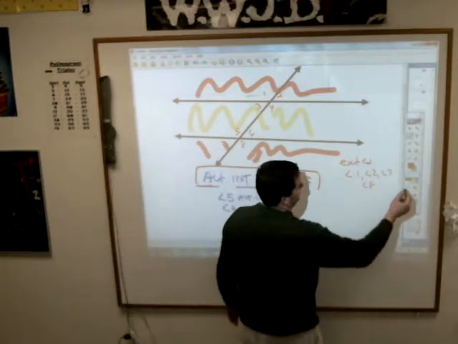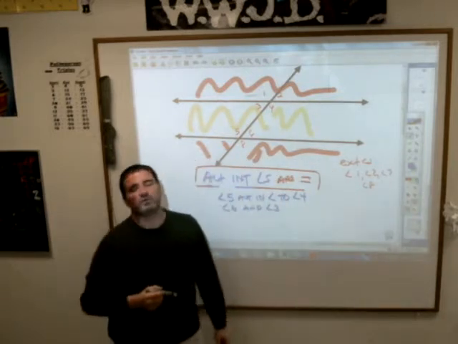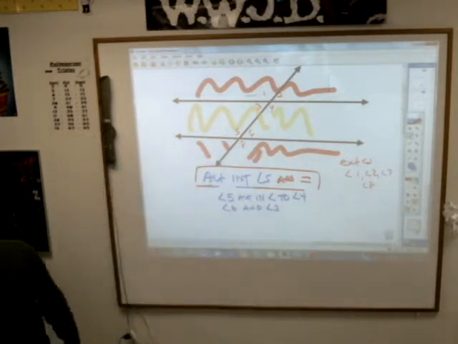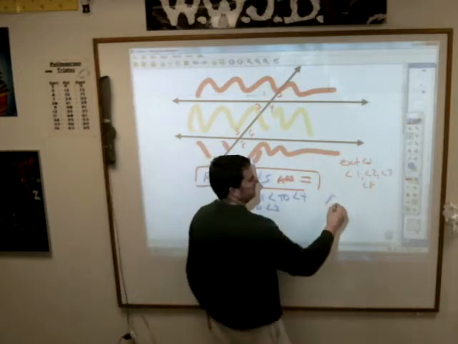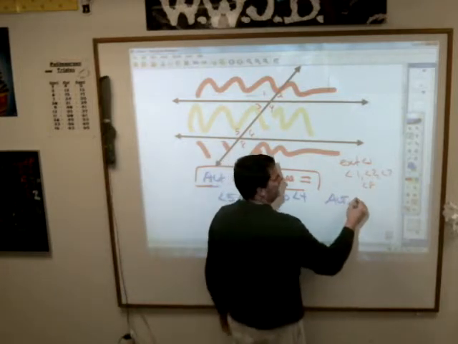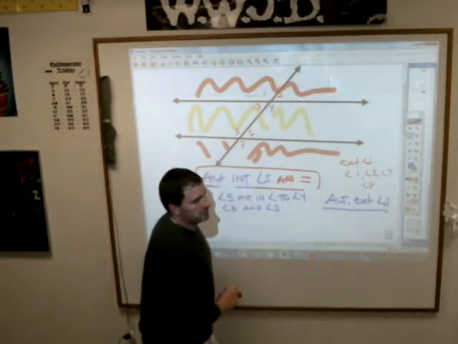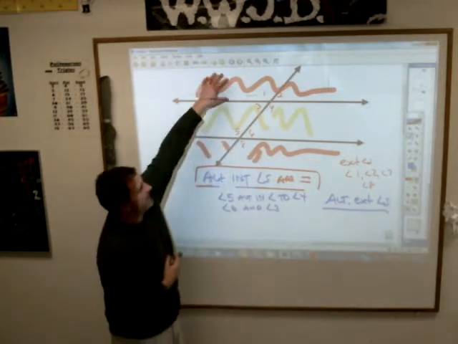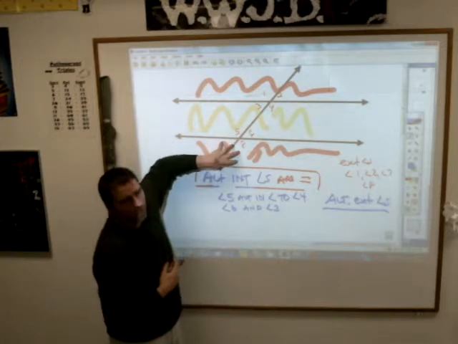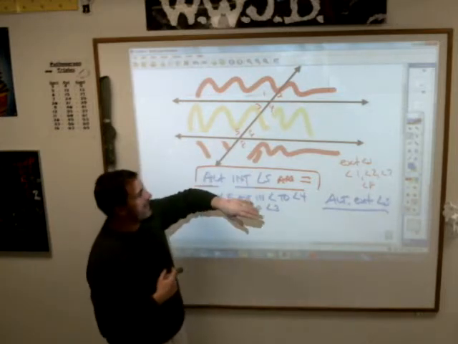Guess what else we have? We have alternate exterior angles. Same thing we just talked about. Here are the exterior angles. Alternate means that they flip sides.